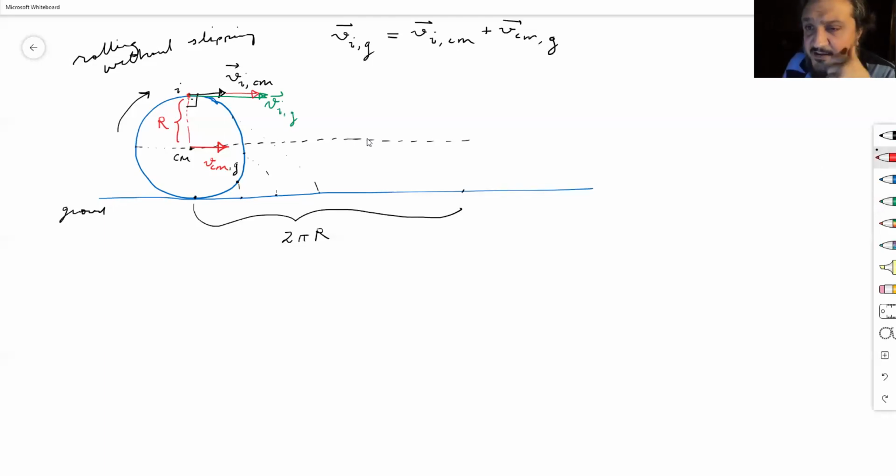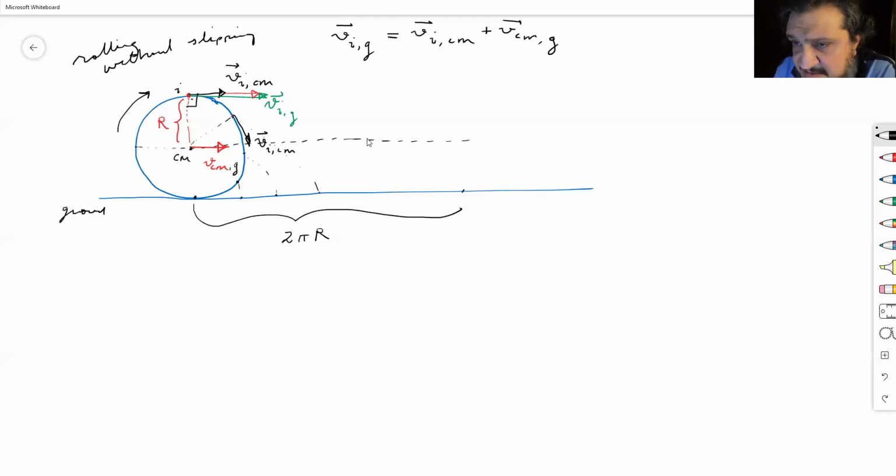But what if I consider a point right here? Now the tangential velocity is this way. And now this is general, right? I mean, it doesn't matter if this VCM is increasing or decreasing. We're talking about instantaneous velocities here. So at this instant, maybe the ith particle or any particle on the rim will have a velocity that's pointing in this direction.